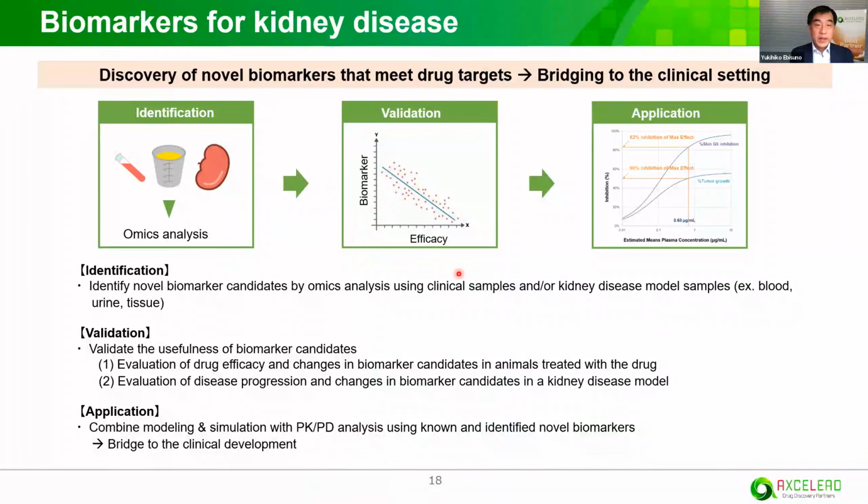So after finding candidates for novel biomarkers, we try to evaluate these biomarkers between the disease progress and biomarker changes. So finally, we could bridge clinical development and preclinical data stage using modeling and simulations.